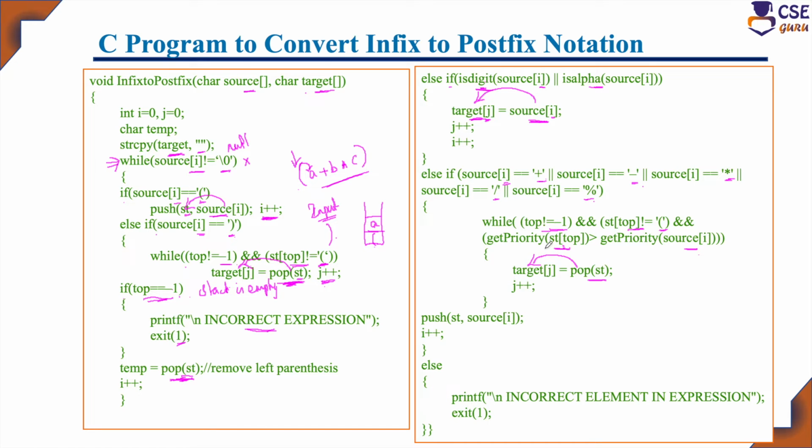Then increment the j variable. Okay, suppose if this condition fails, what you have to do? Directly push the incoming operator into the stack. From the source, you have to place it in the stack data structure.